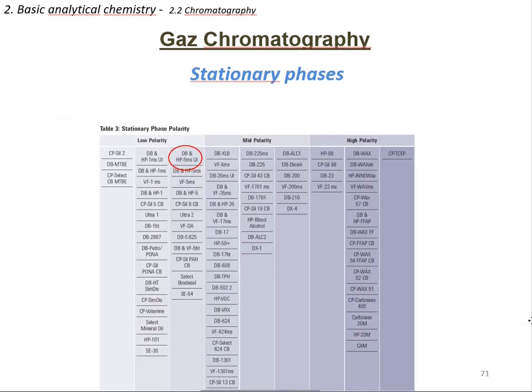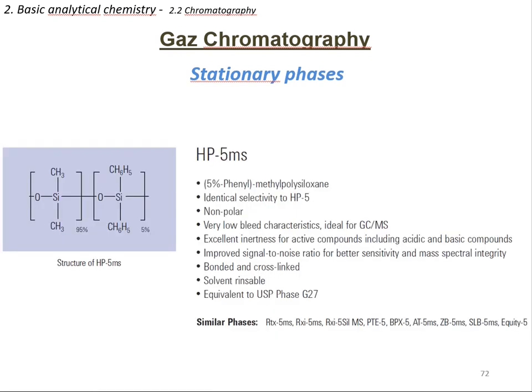This is one of the most frequently used columns, a DB or HP-5MS. And this is the coating inside, which is the stationary phase. It's methyl polysiloxane, so Si with methyl CH3.